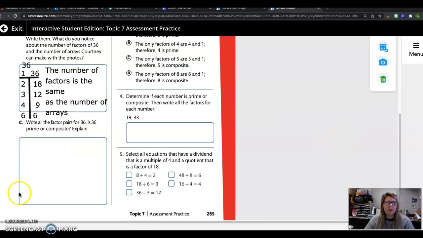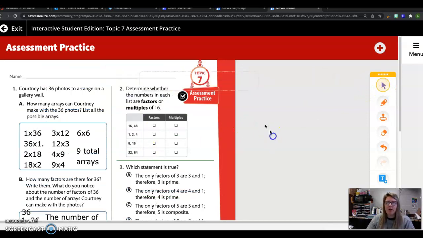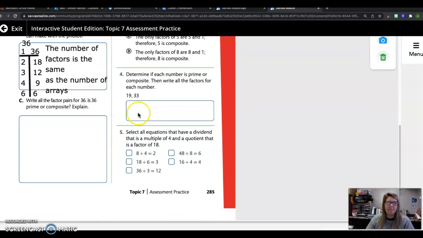All right, so let's look at part C now. It says write all the factor pairs for 36. Is 36 prime or composite? Now, we've already listed out the factor pairs in part B, so I'm not going to list those again, right? But we can answer this second part. Is 36 prime or composite? Composite.